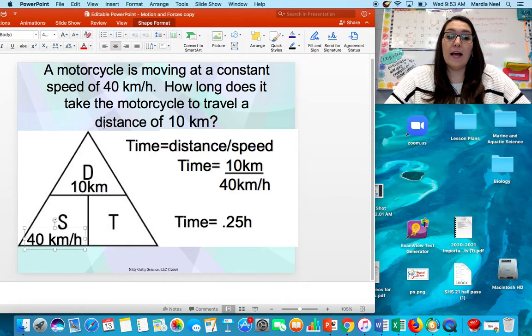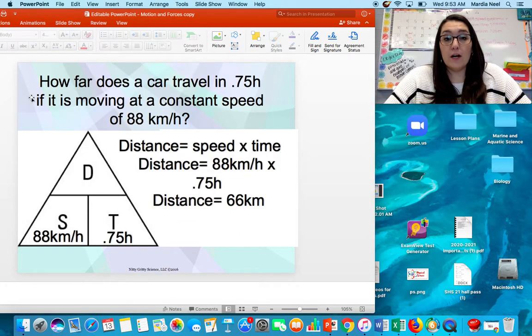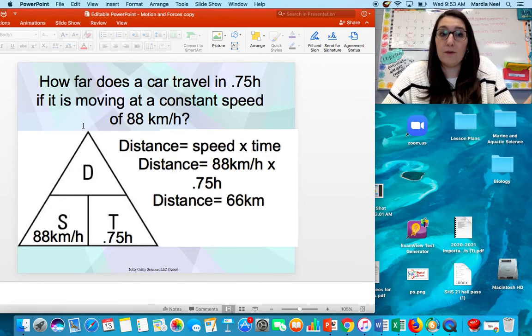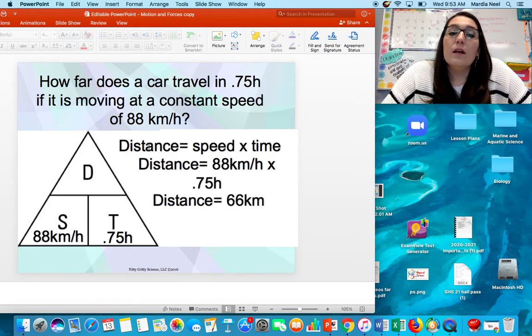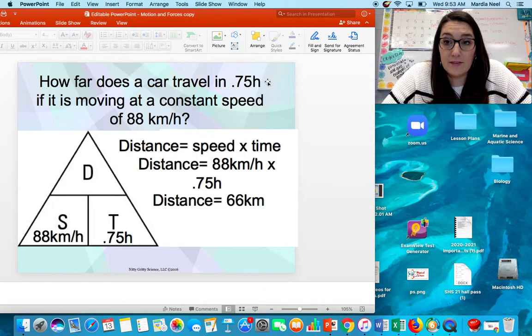All right, let's look at one more. How far does a car travel in 3/4 of an hour if it's moving at a constant speed of 88 kilometers per hour? So we want to know how far. How far is usually distance, right? So we know the time that it gave us was 0.75 hours.